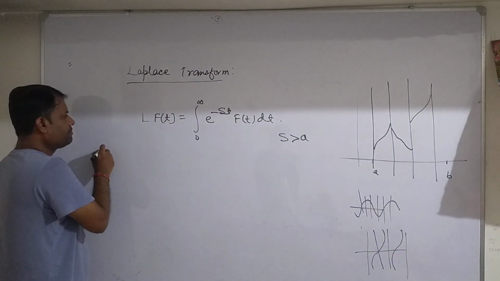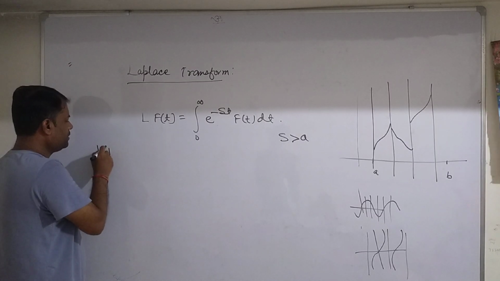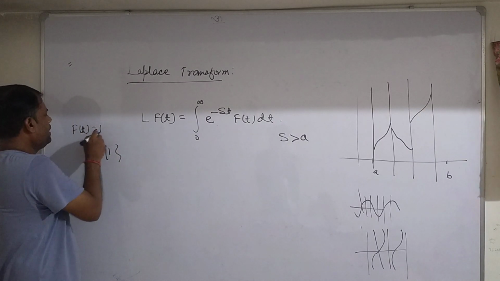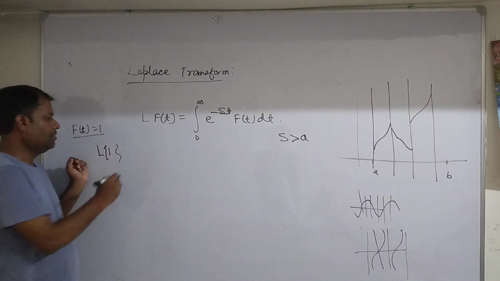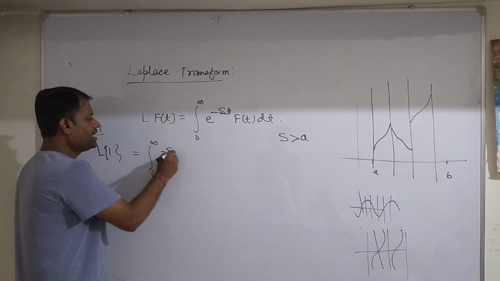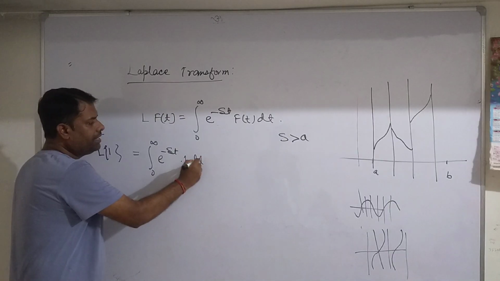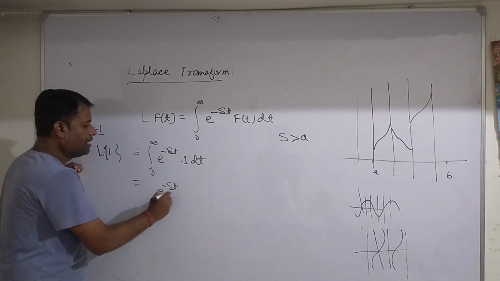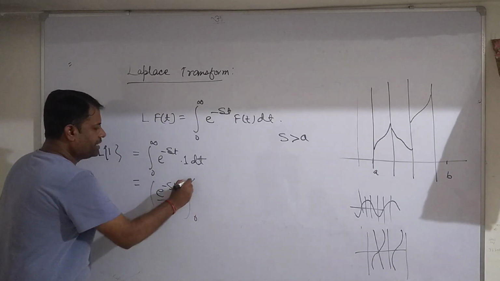Now let us find the Laplace of the function f(t) = 1. Let's take f(t) equal to 1, and now we are going to find the Laplace of the function 1. So by the definition we can write integral from 0 to infinity of e to the power minus st, and f(t) is 1, dt. So this is e to the power minus st upon minus s, limit 0 to infinity.